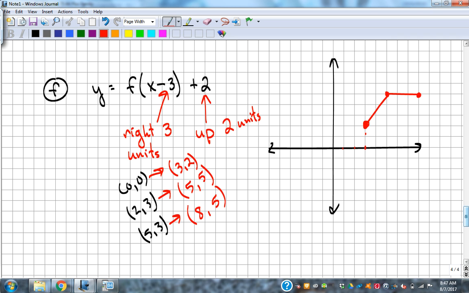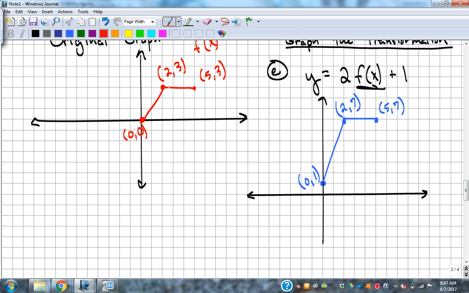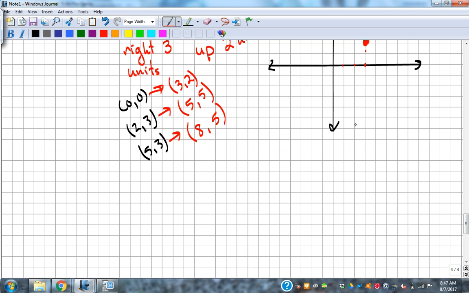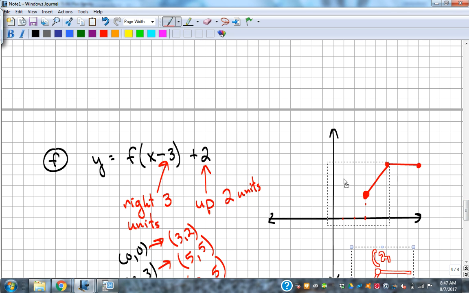If you notice, if I were to take this original graph and pick it up and bring it down here, since I'm on the same size graph paper, it's like I took this graph that was originally here and picked it up and went up 2 units and over 3.